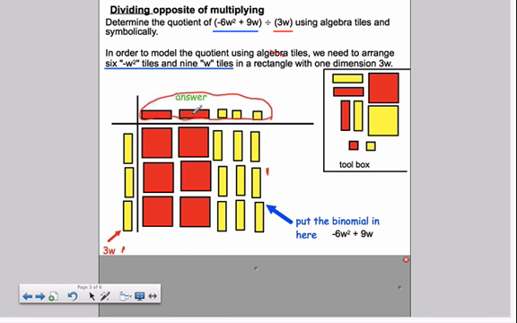So it is 1, 2, negative 2, and these boxes are referring to w's in this case. Negative 2 w's, and what are these? 1, 2, 3 positive, so plus 3. So that is our answer. When we take this polynomial and divide by 3 w's, we get this. Okay, now let's move on to the next example.